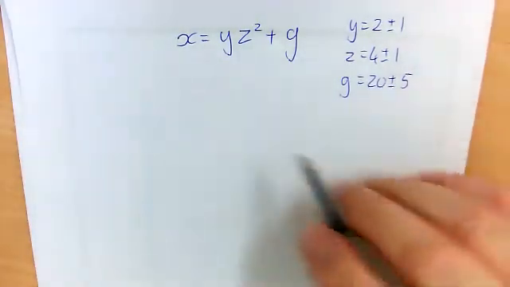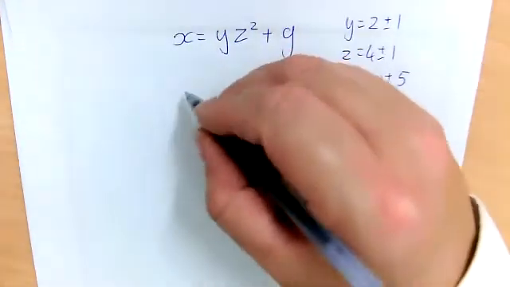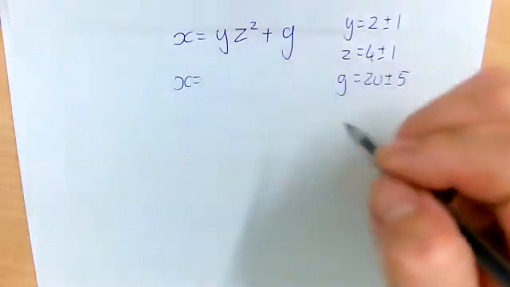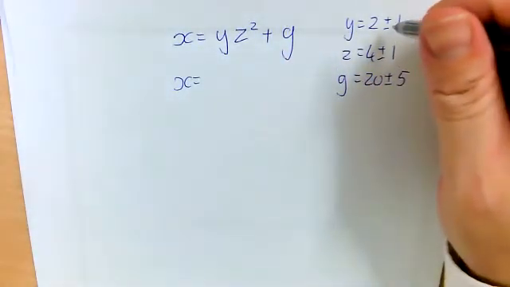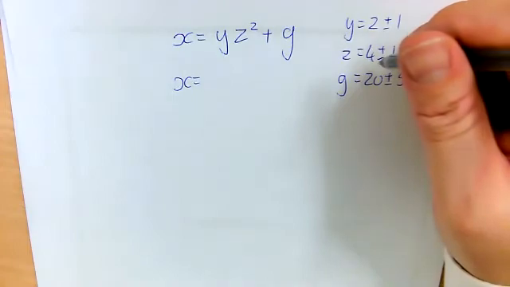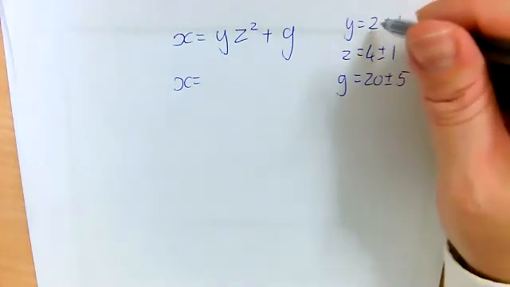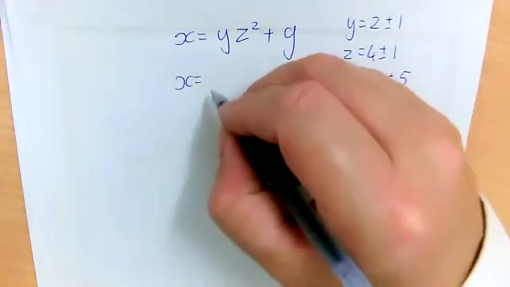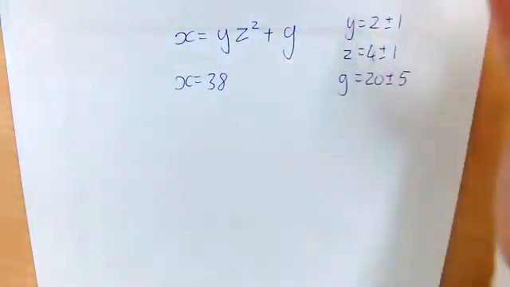If I wanted to work out what x was, obviously you can work out what x is first of all. That's trivial because that's y, which is 2 times z squared, which is 4. So 4 squared is 16, 18 plus 20 is 38. So x comes out to be 38, okay?